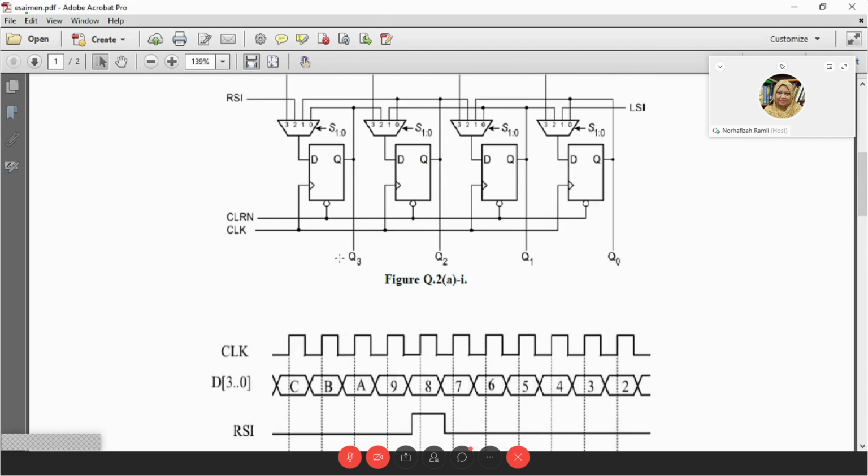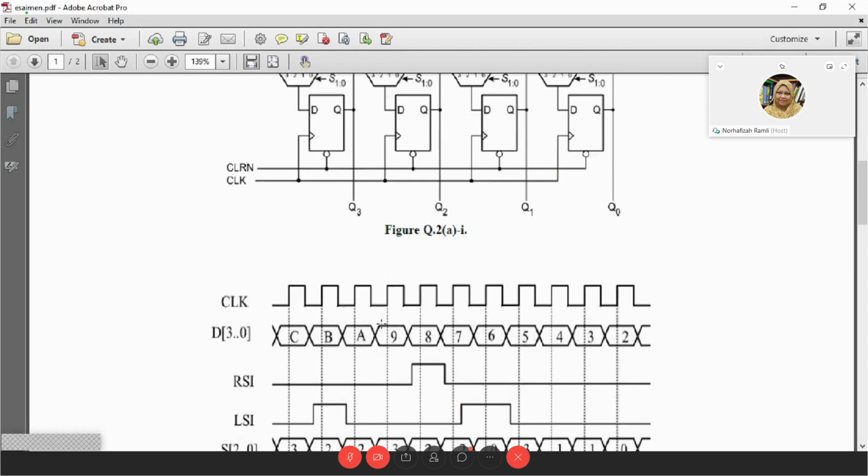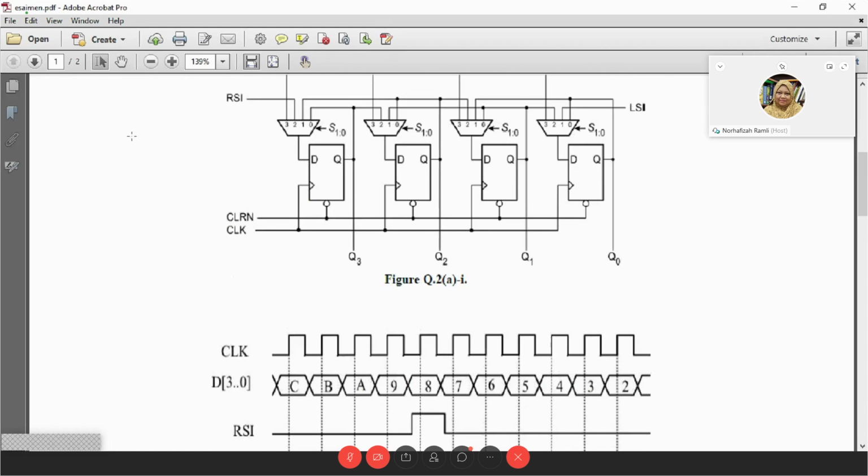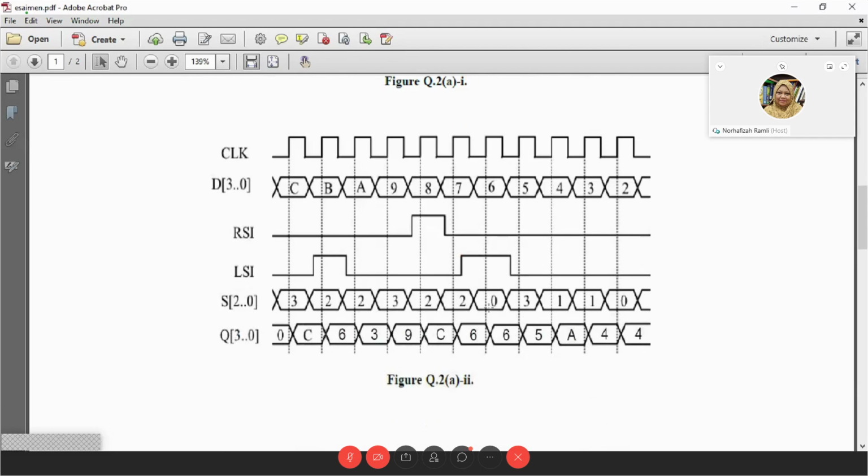The best way, my comment now, is to analyze the circuit again and come up with the functional table, meaning you identify when S is 0, 0, you write here 0, 0, and what happened, where is the data coming in? 0, 1, what happened? 1, 0, what happened? Then you write it down here, like the one I did in the class, right?